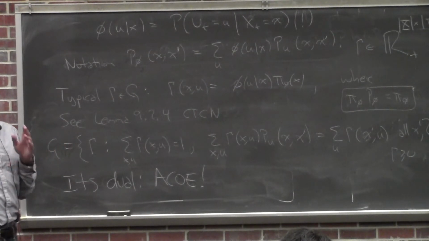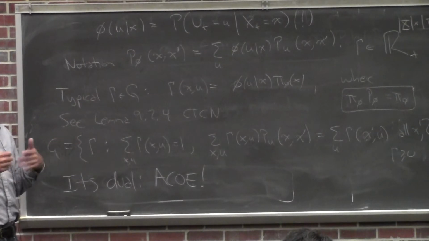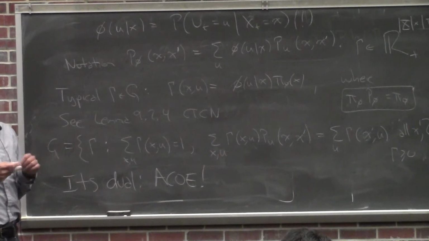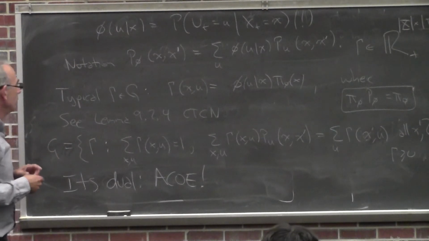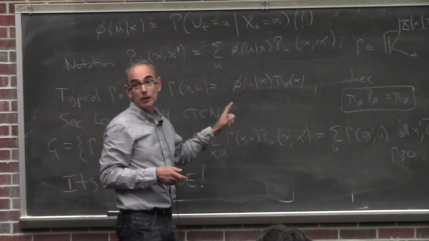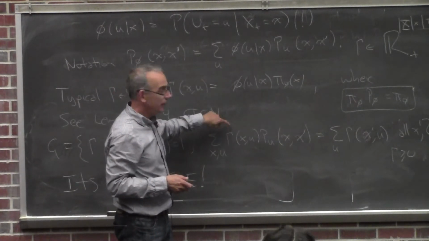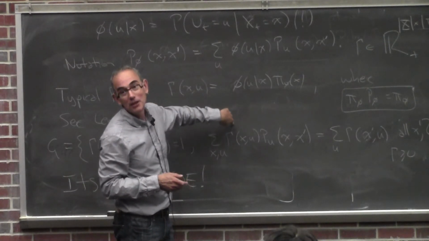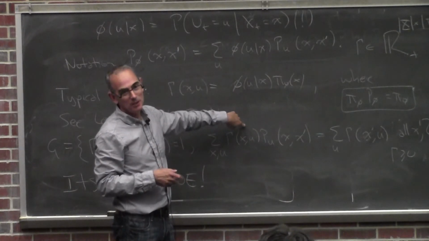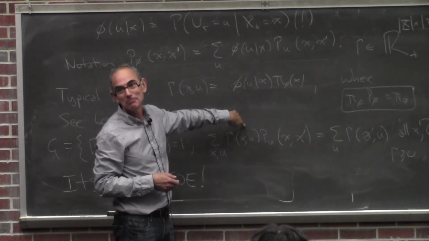For linear programs, the dual is a linear program. The ACOE itself could be regarded as a linear program. And it turns out that h star, the relative value function, is the Lagrange multiplier for this constraint, or it can be.